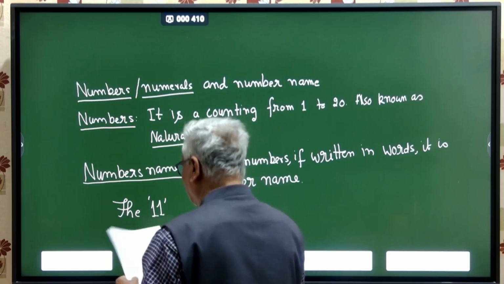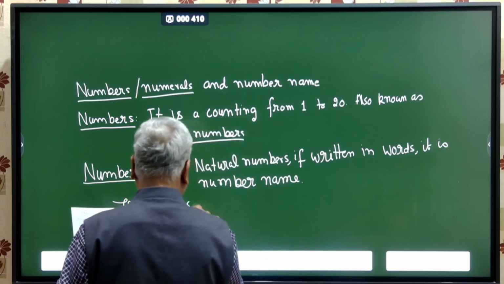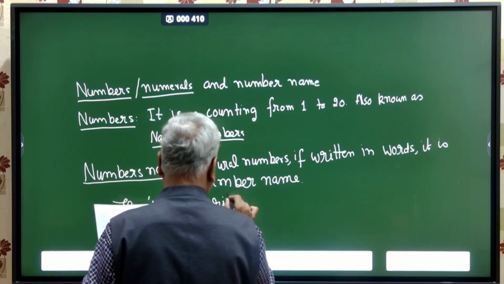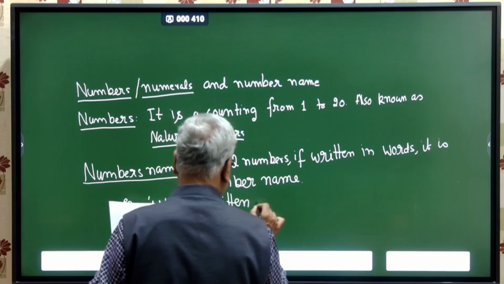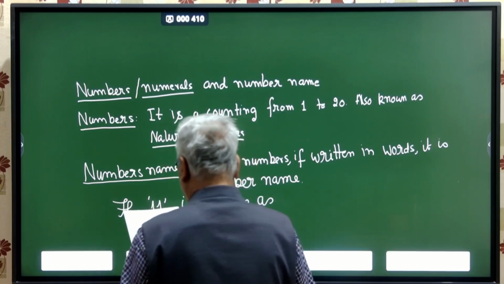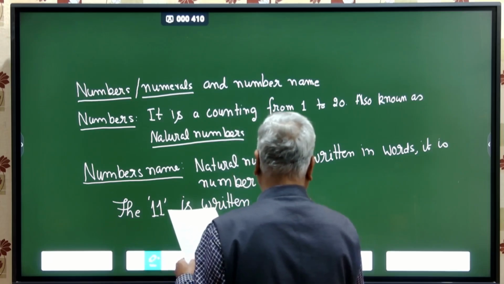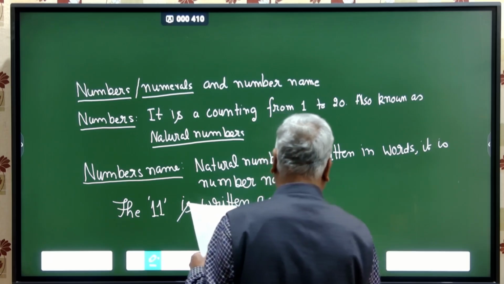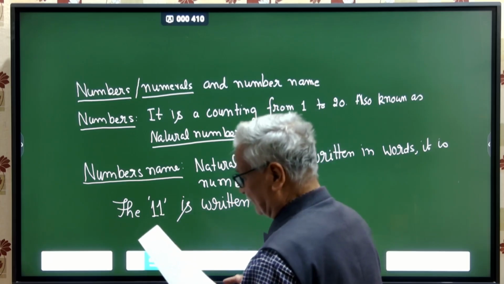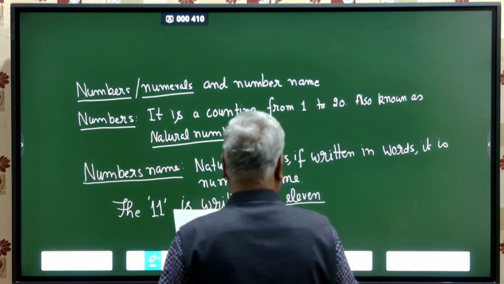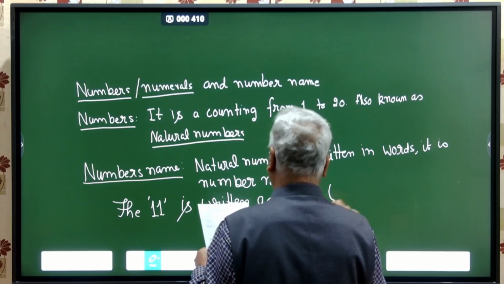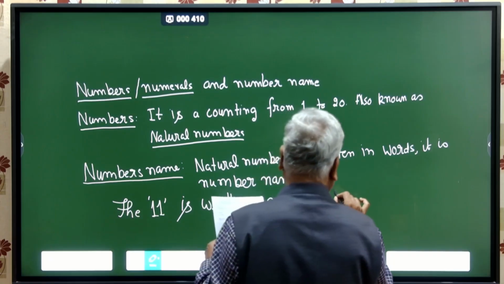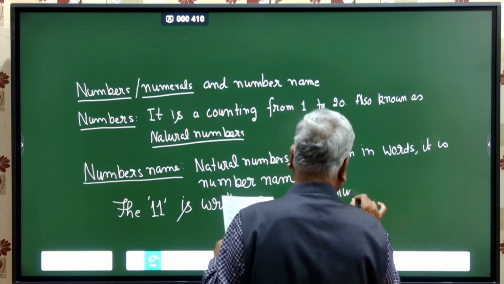But if the number is written as eleven, then it is the numeral name. So you can say that it is numeral name, natural number name, and the number name. So it is number name.